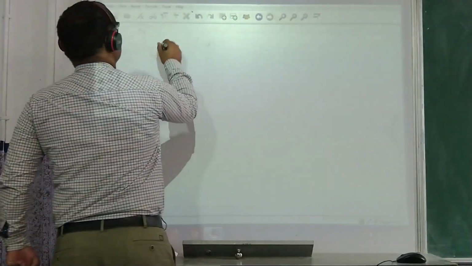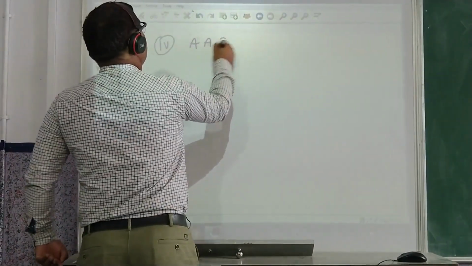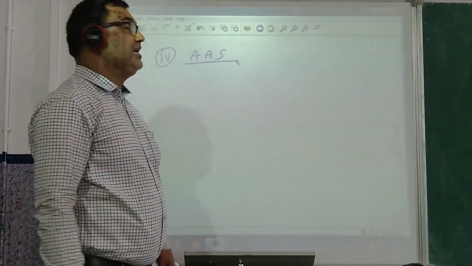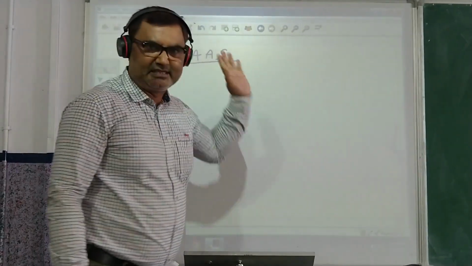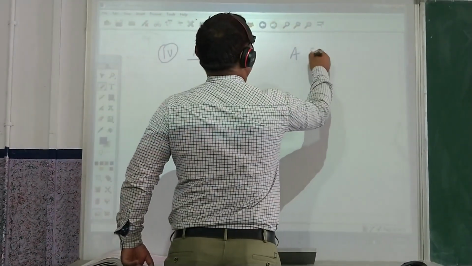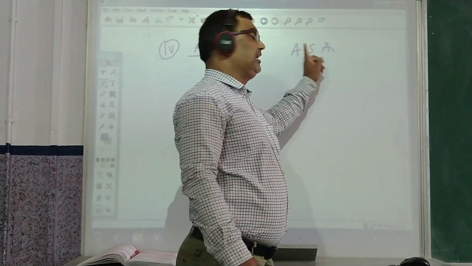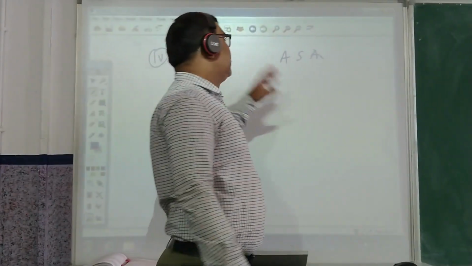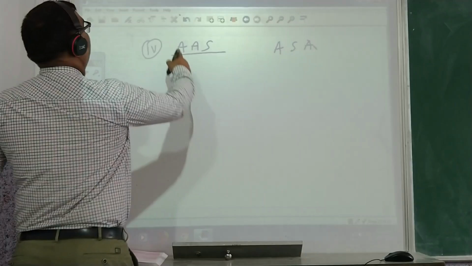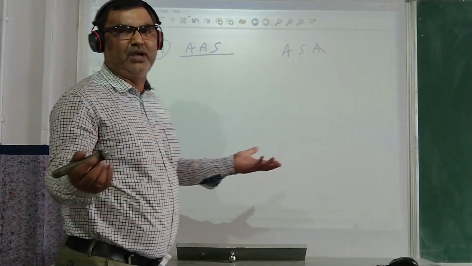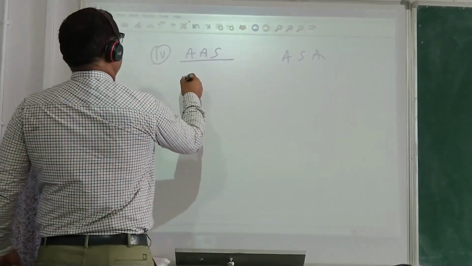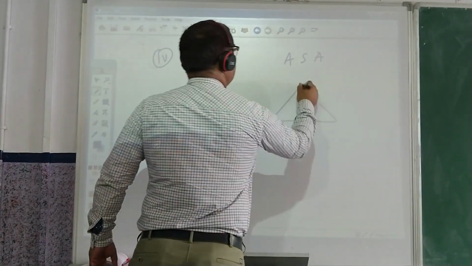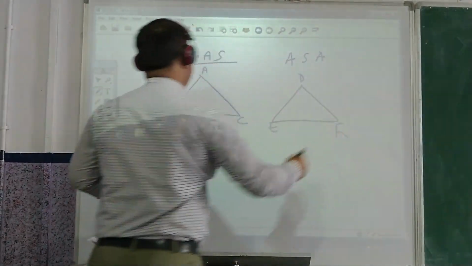The next criteria is AAS. My dear, the difference between ASA and AAS is that here we need any two angles and any one side. But in case of ASA, we need two angles and the included side. Included means in between. The side is included by this and this angle. For example, ABC, DEF.